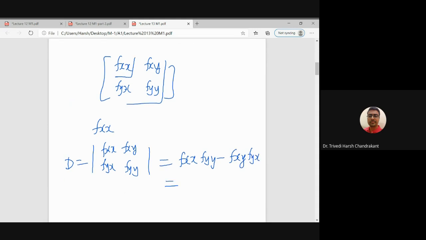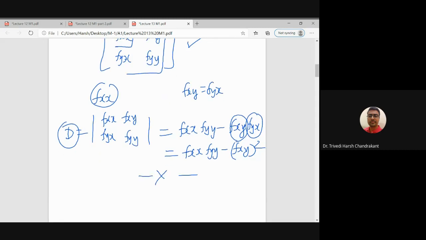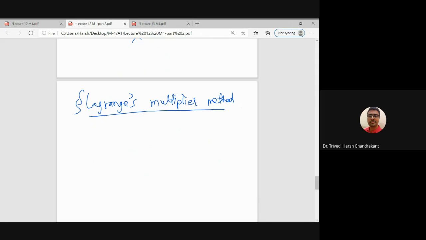But since we are assuming the first and second order partial derivatives are continuous, fxy equals fyx, so our discriminant becomes fxx fyy minus fxy square. Whenever both of these minors are positive or they have alternate sign, depending on that we say this matrix is positive definite or negative definite. Anyway, these things we will study in the next semester and upcoming courses of mathematics.